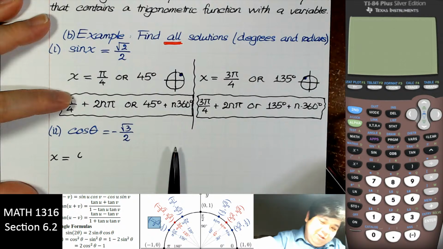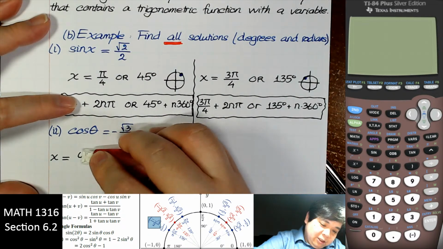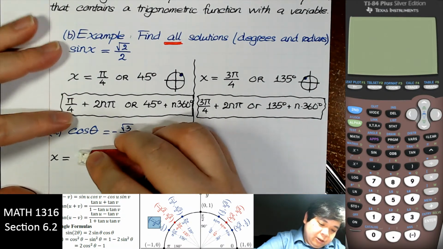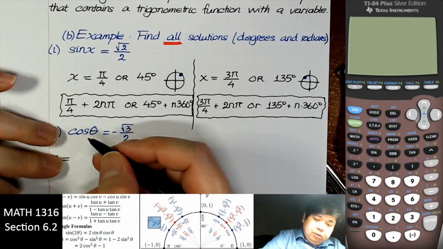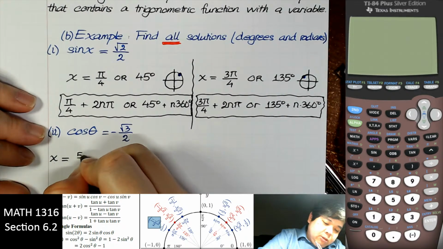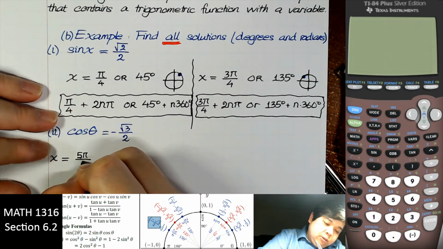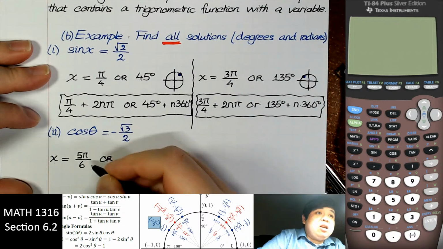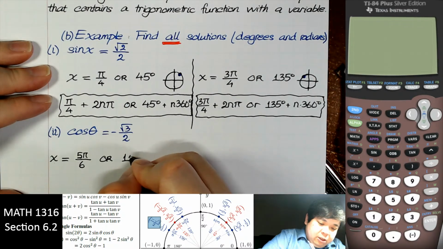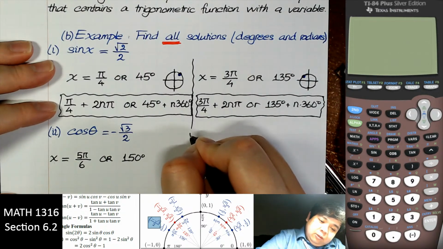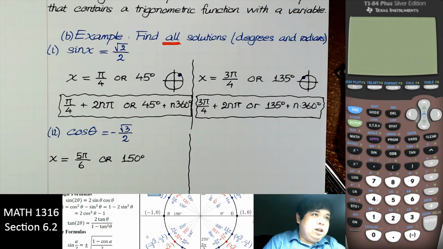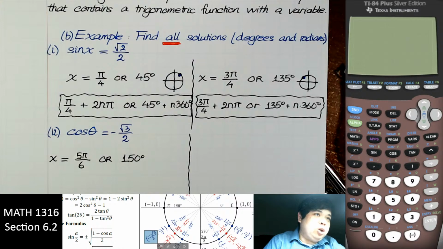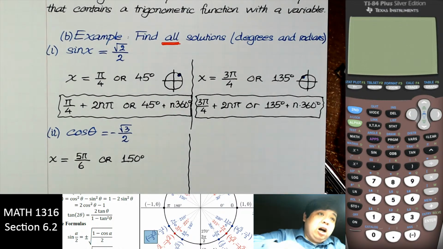Sorry. 5 pi over 6 corresponds to 150 degrees. And then the same x values, if we look at this point here, also the x value is negative square root of 3 over 2, and we have 7 pi over 6 or 210 degrees.